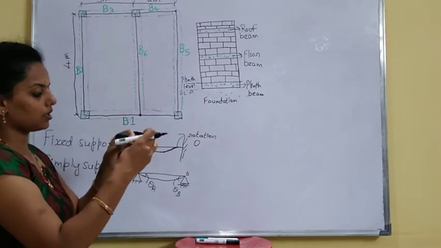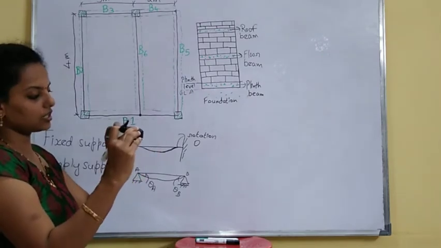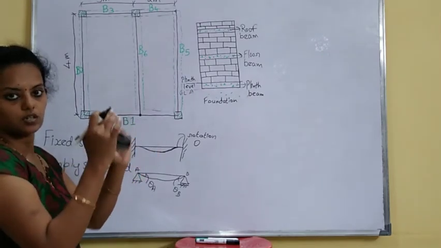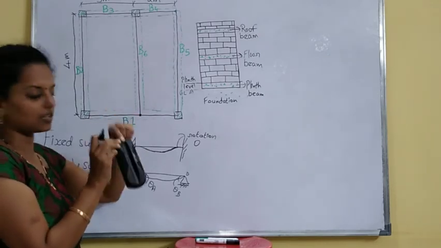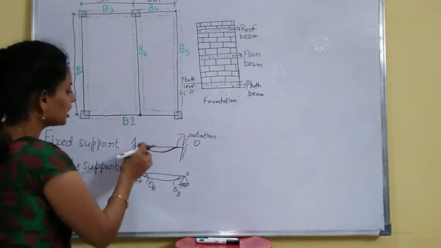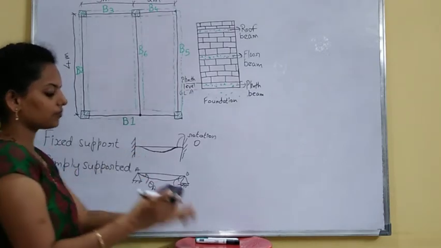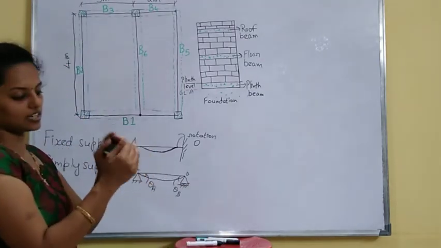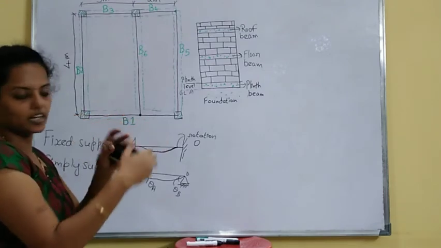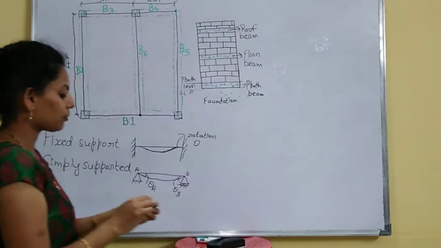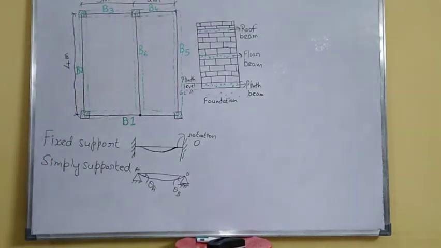See, we simply supported here, it will rotate. Okay, if the beam bends like this, it will rotate at the hinge itself. If it is fixed, the rotation at the support will be 0. So it is fixed, it doesn't rotate. That is the difference between fixed support and simply supported support.